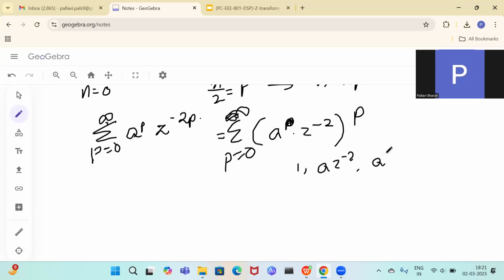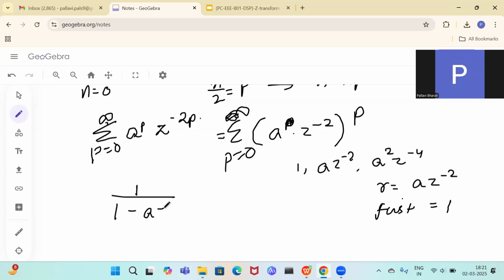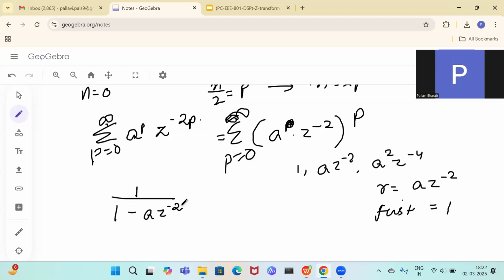The third term is a squared z to the power minus 4. So the common ratio is a into z to the power minus 2, and the first term is 1. So the final answer is going to be 1 by 1 minus a z to the power minus 2. This is what we got earlier by using the property.